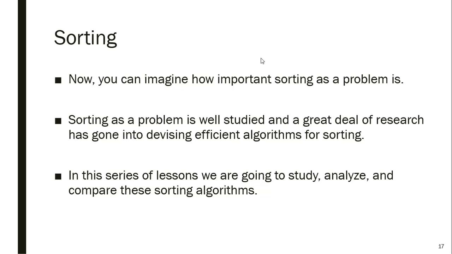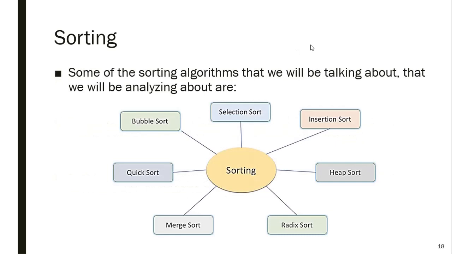So in this series of lessons, we are going to study, analyze and compare these sorting algorithms, and we have many sorting algorithms like bubble sort, selection sort, insertion sort, heap sort, merge sort, quick sort. There are many more, distribution sort and counting sort, and much more, shell sort.